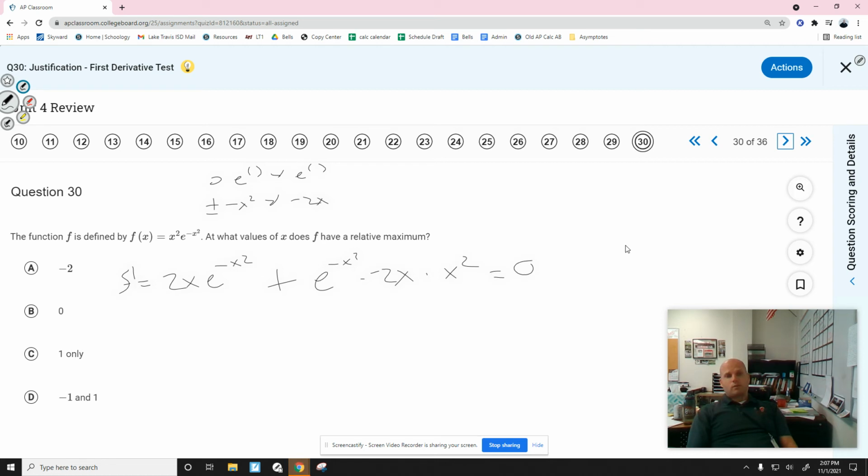We need to set this equal to 0. Fortunately, we're not finding the y value, just the x value. So let's factor out the e to the -x squared, which is always positive. Then I have 2x plus -2x cubed, -2x times x squared.